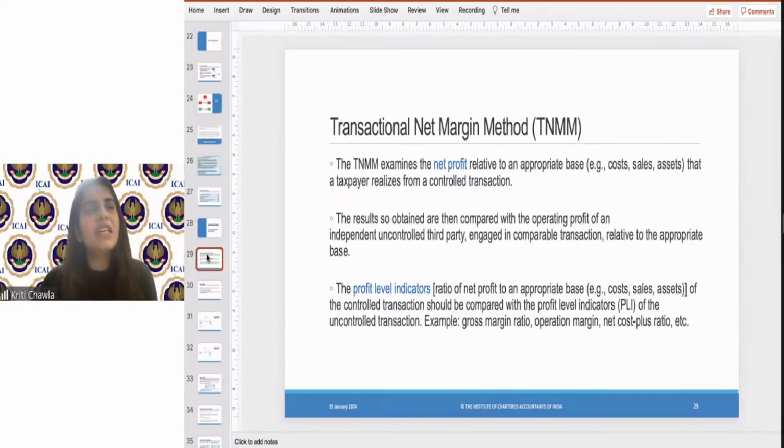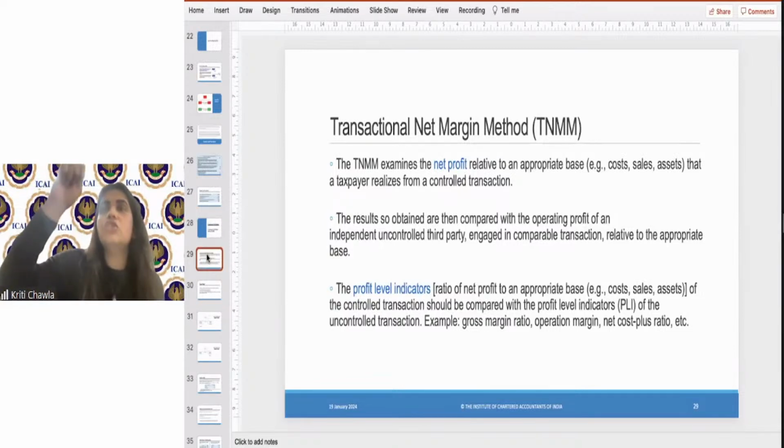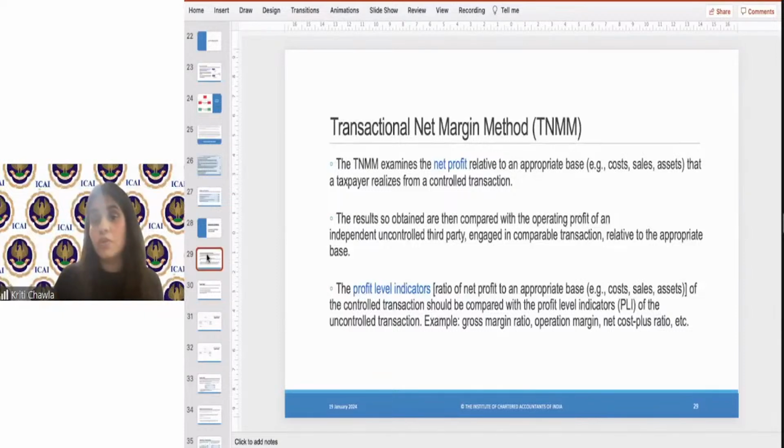Now, the point is, do I calculate the profit margin of the Indian entity, or should I calculate the profit margin of the USA entity? What should I do? This is what you have to tell me. What should I do in this situation to calculate the profit margin of this transaction? Should I calculate the profit margin of the Indian entity and compare it with the profit margin of other Indian entities?